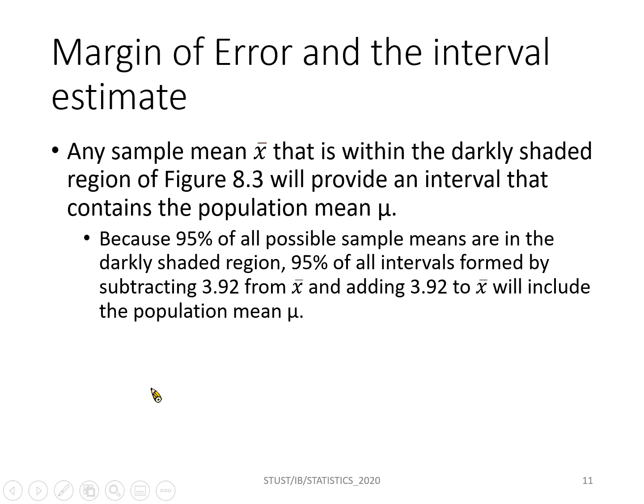Because 95% of all possible sample means are in the darkly shaded region, 95% of all intervals formed by subtracting 3.92 from x bar or adding 3.92 to x bar will include the population mean mu.